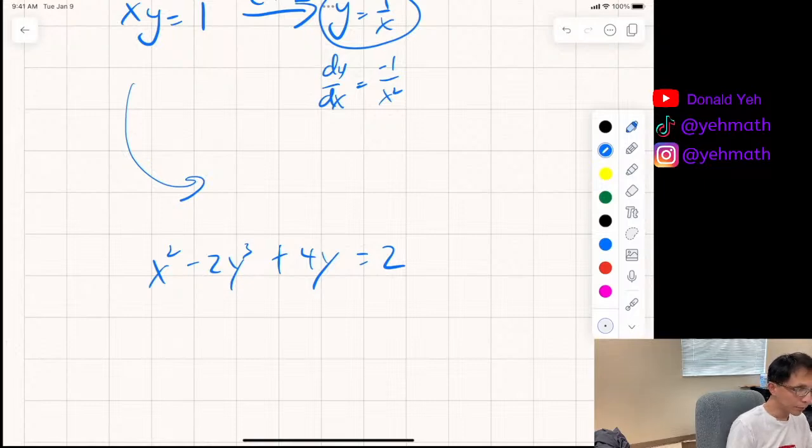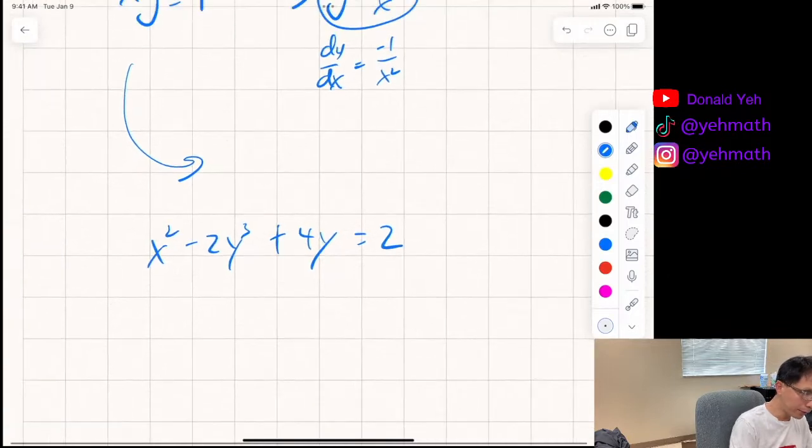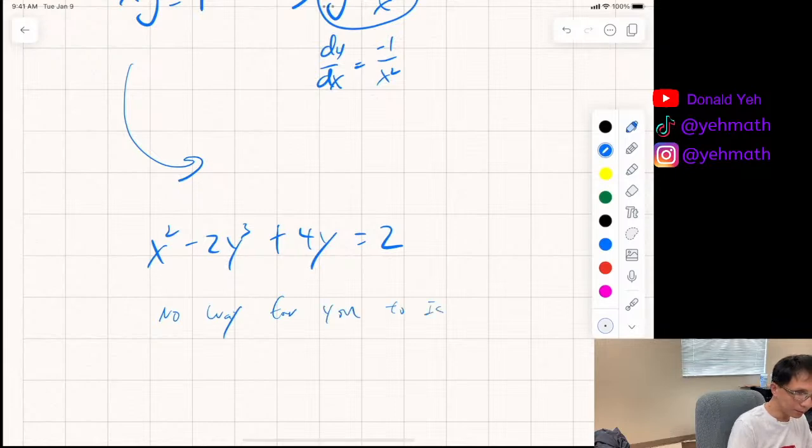So there is no way for you to isolate y by itself, and when that situation occurs, you want to take implicit differentiation.